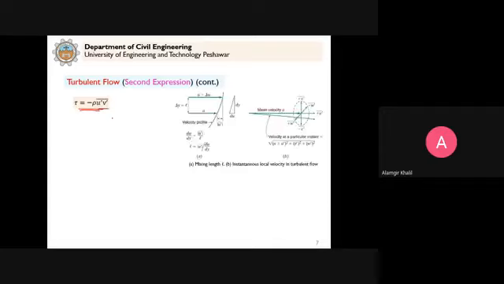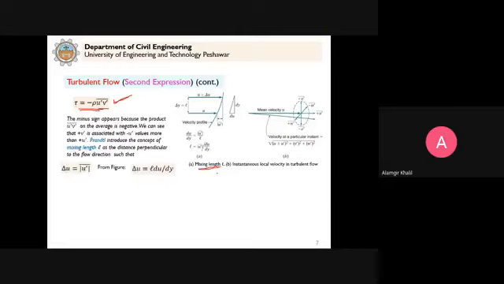So what we have to do is express this shear stress in the form of an equation that we can measure. In order to simplify this, we bring in the concept of mixing length L.